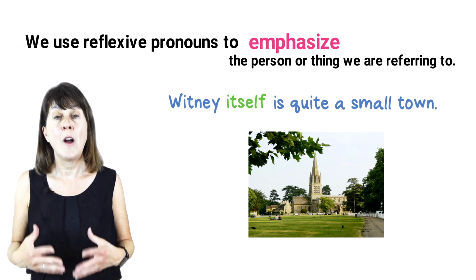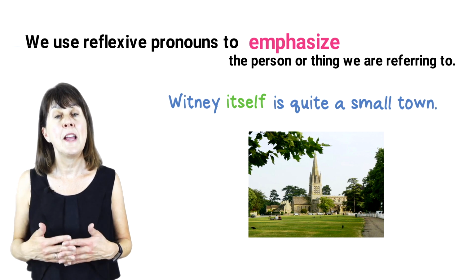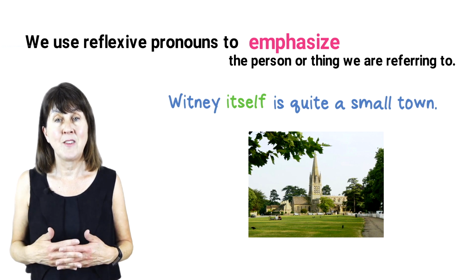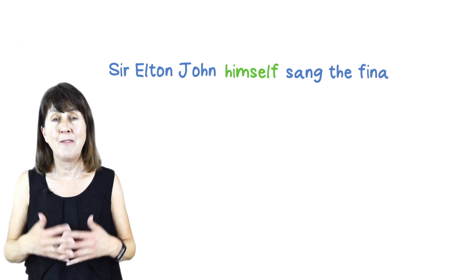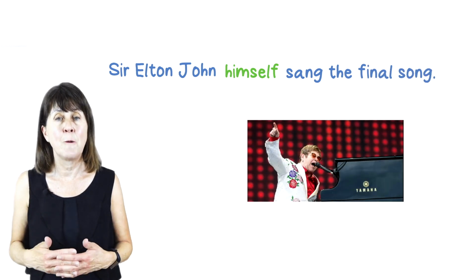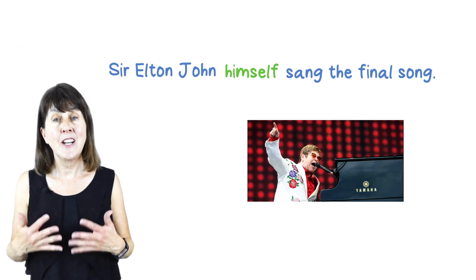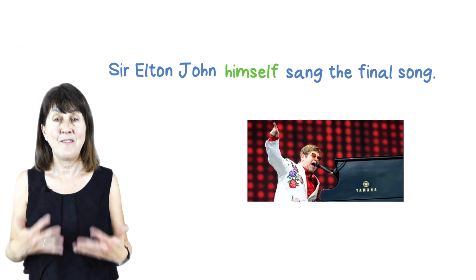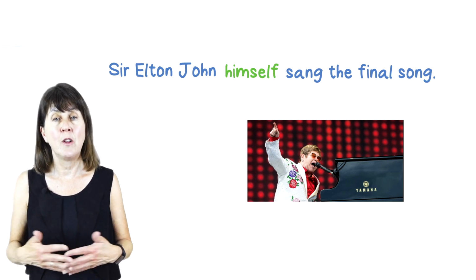It is added for emphasis, especially if we're talking about someone very famous. So, for example, you could say, Sir Elton John himself sang the final song. Here we're emphasizing that it was actually Sir Elton John, the famous singer, that sang the final song. It almost adds to how special that was.